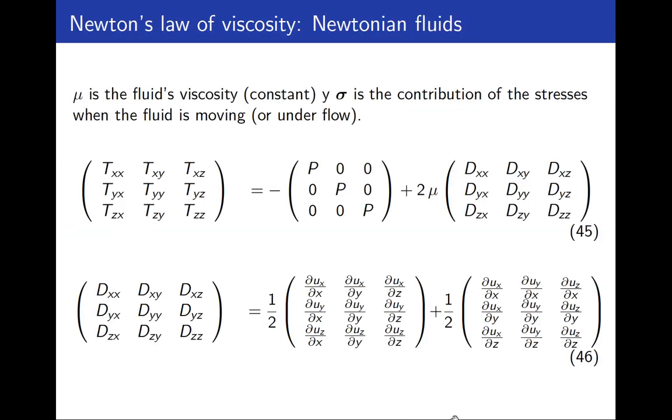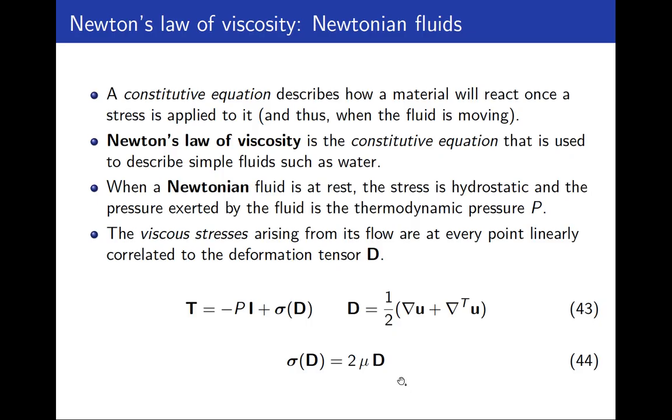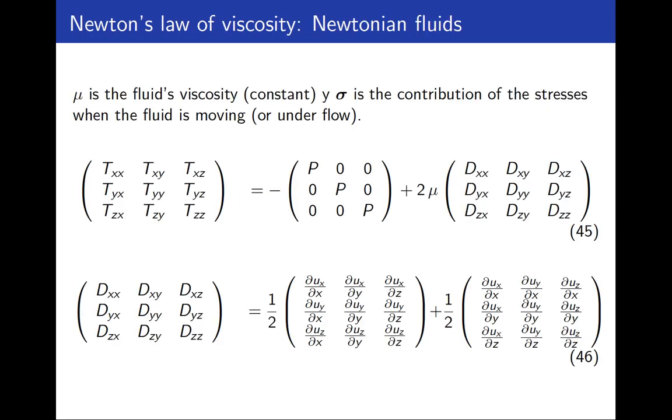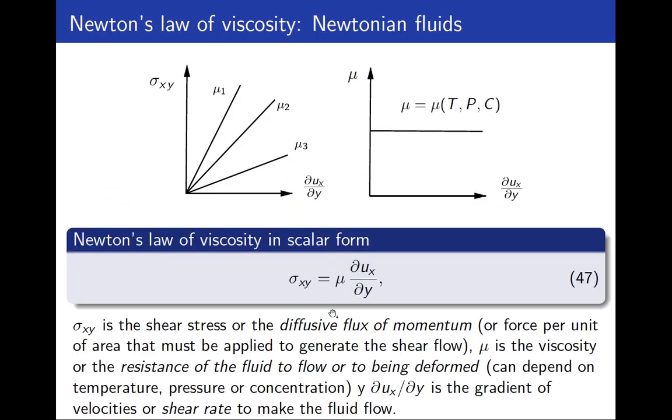And here you remember that we have this equation. This is a tensor equation, a matrix equation. But in the majority of the cases in simple flows, Newton's law of viscosity can be expressed as this equation, which is in scalar form. So for Newtonian fluids, you have a linear relation between the shear stress and the shear rate.